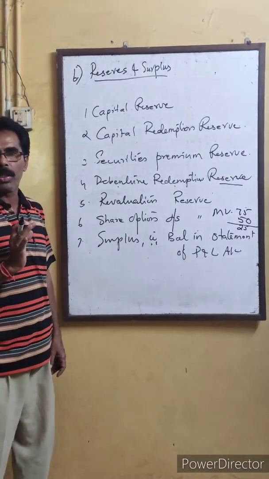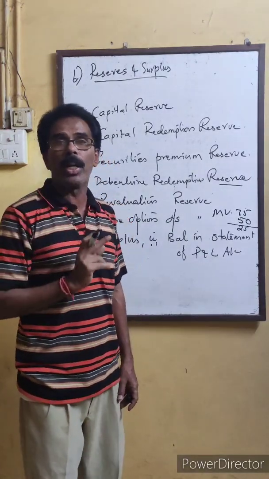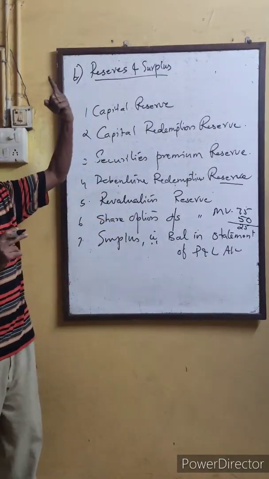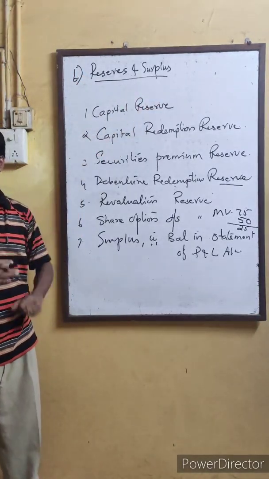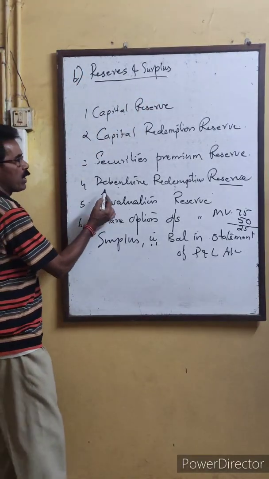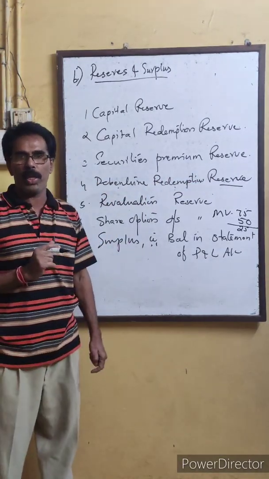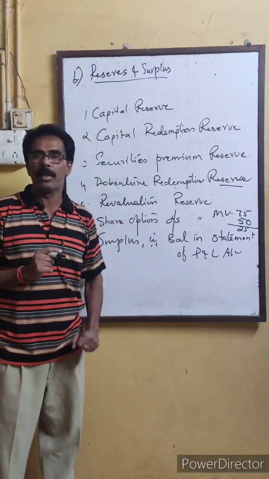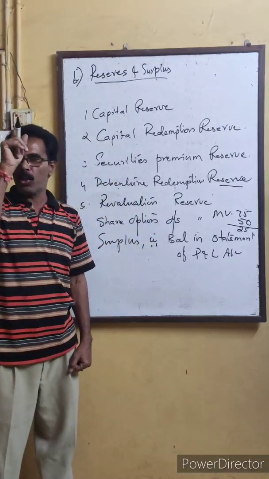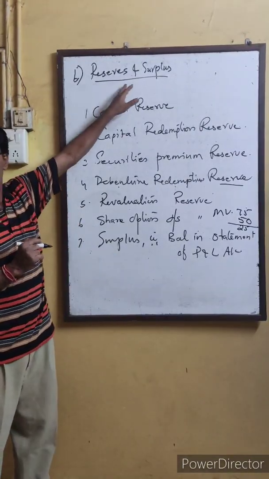So far we studied the main heading shareholders' funds, with A share capital and B reserves and surplus. You may be given securities premium reserve and asked to write the main heading and the subheading. The main heading is shareholders' funds, number 1, and the subheading is reserves and surplus.